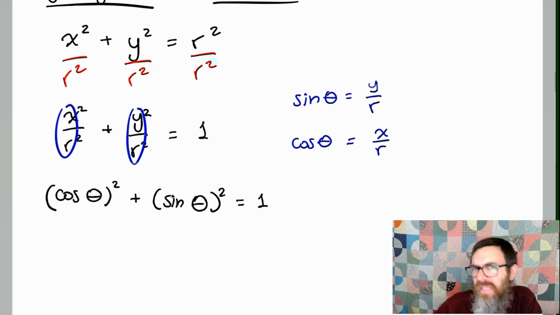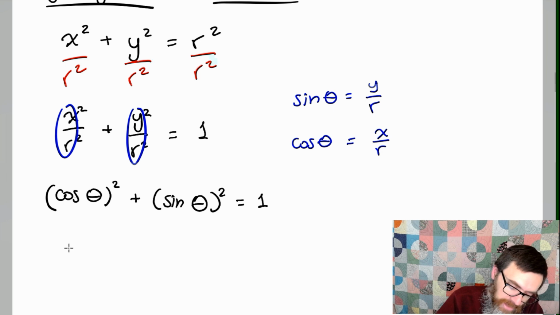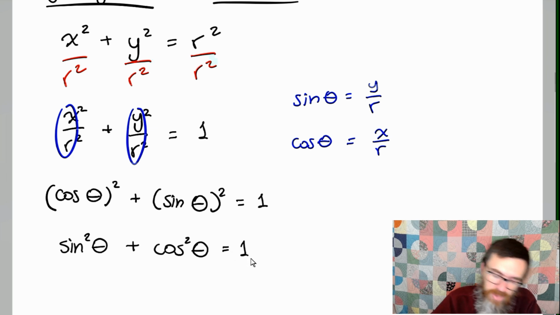But we tend to write this in a slightly different way. I don't even know that I can tell you why it is, but they typically have us write sine before cosine. It's whatever. But here's what we do. We can write this as sine of theta in parentheses squared, but more commonly we're going to write it like this: sine squared plus cosine squared is equal to 1.